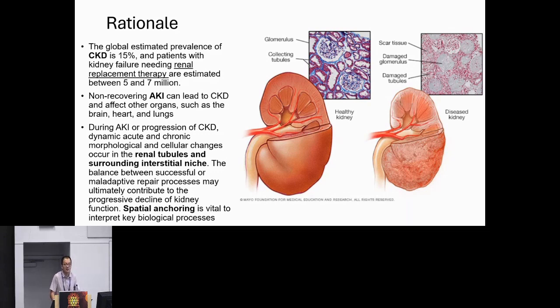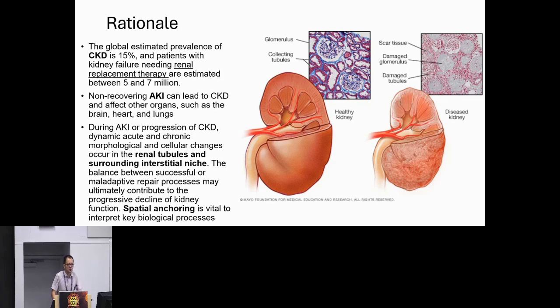and affect other organs. People know that morphological and cellular changes occur in the renal tubules and the surrounding interstitial niche. And emergent spatial transcriptomics enables the spatial anchoring of the biomedical markers related to kidney injury.